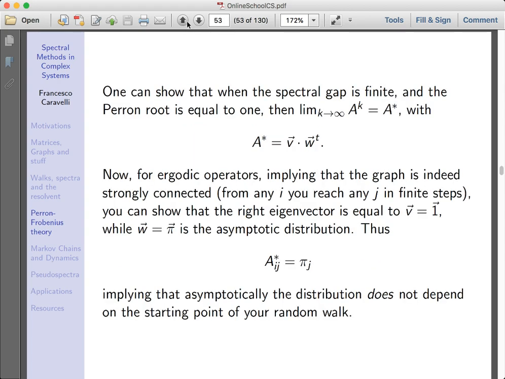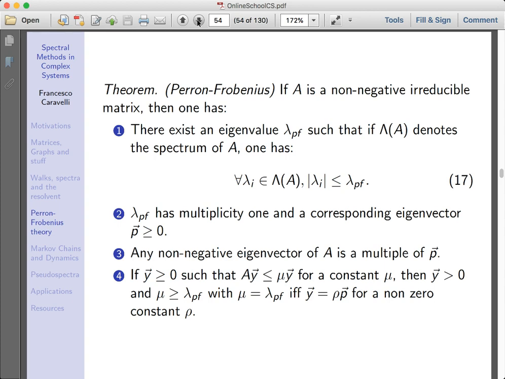Then if A is a symmetric matrix, we said left and right eigenvectors might be the same. Then in this case, you can show that the Perron root is associated to a Perron eigenvector, which is the left eigenvector.